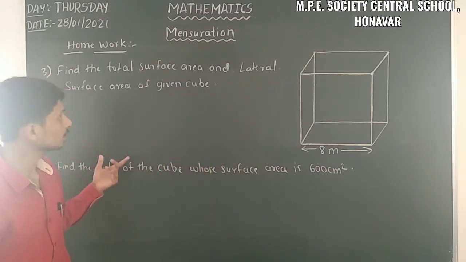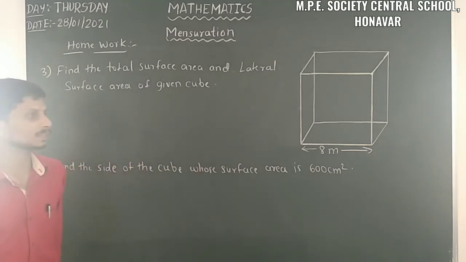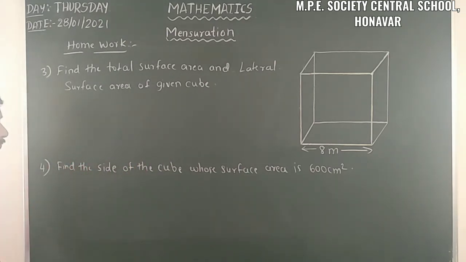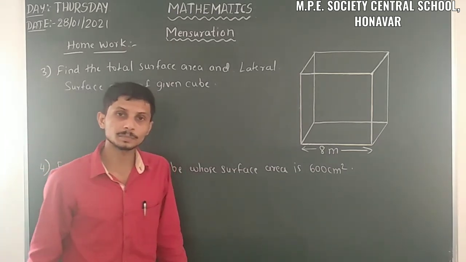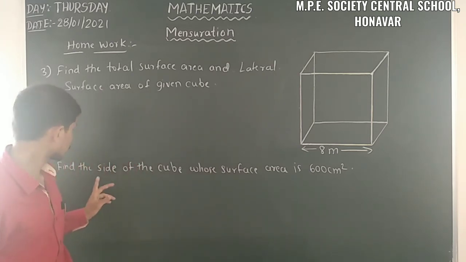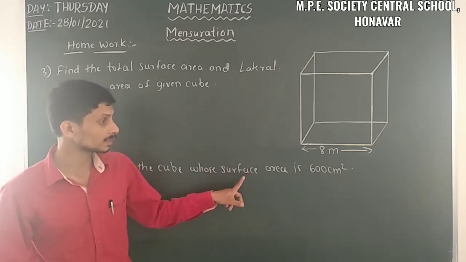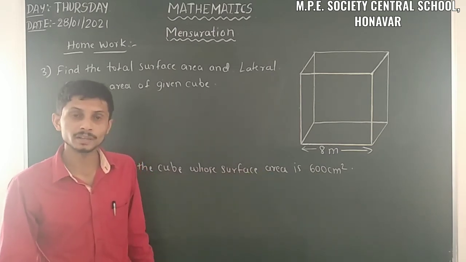Then, using the formula, we have to find the total surface area and lateral surface area. And find the side of the cube whose surface area is 600 centimeter square. Here it is not the lateral surface area, it is the total surface area that is given.